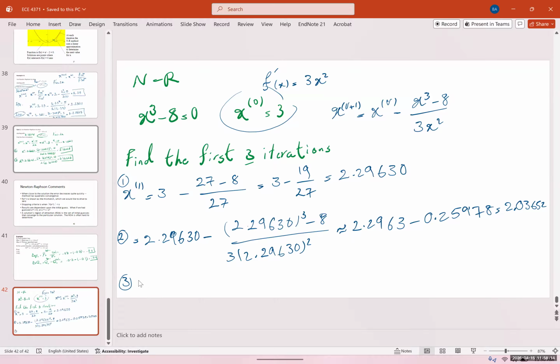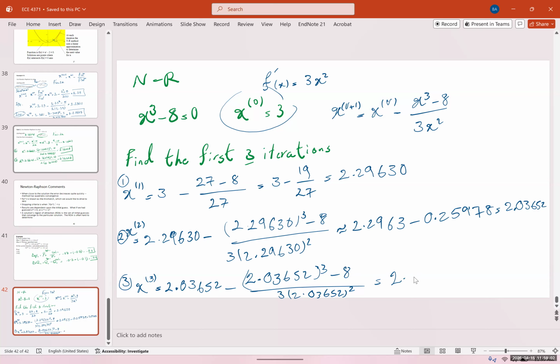Now the third iteration is going to be equal to 2.03652 minus 0.445, or let's do it this way. Don't jump to the conclusion. So minus 2.03652 to the power of 3 minus 8 over 3 times 2.03652 to the power of 2.